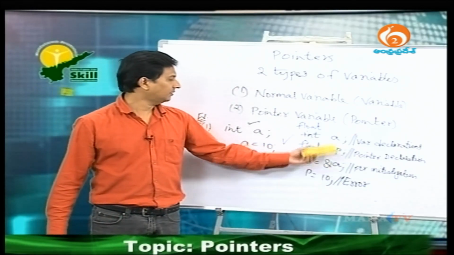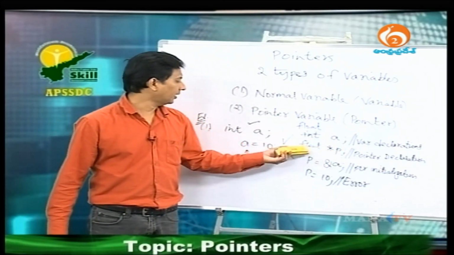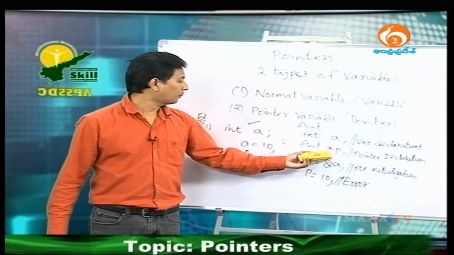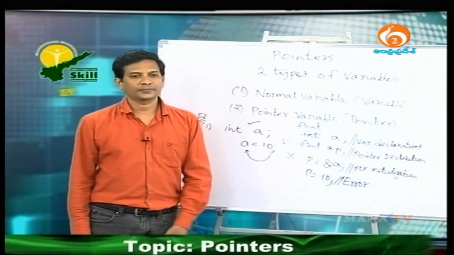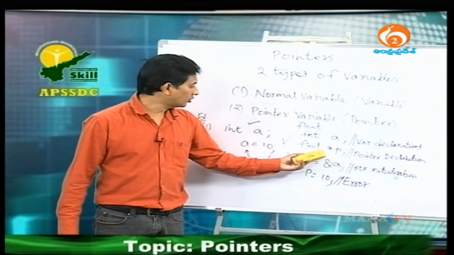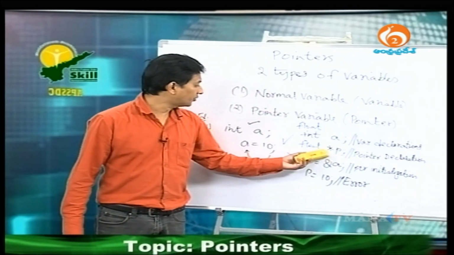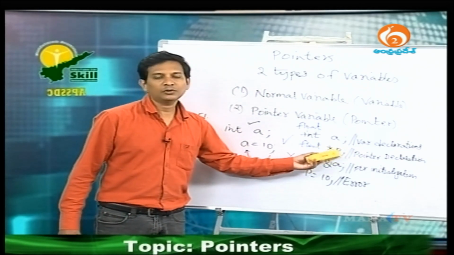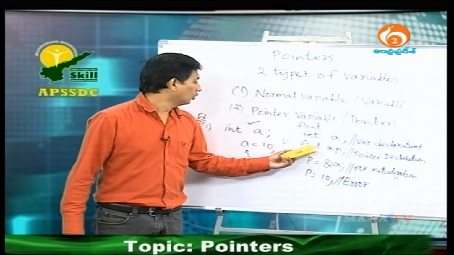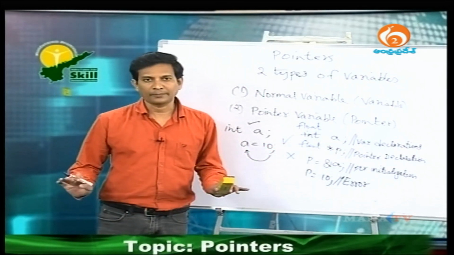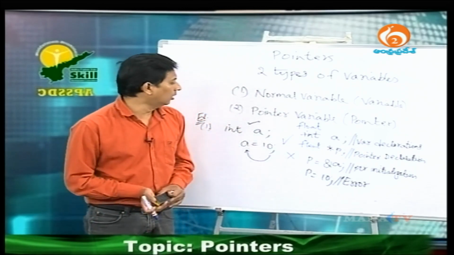Because here A is of type float, and P is also of type float. Here P is a star pointer of type float. You can write float star P or you can write float space star space P also, no problem. There are no rules here.